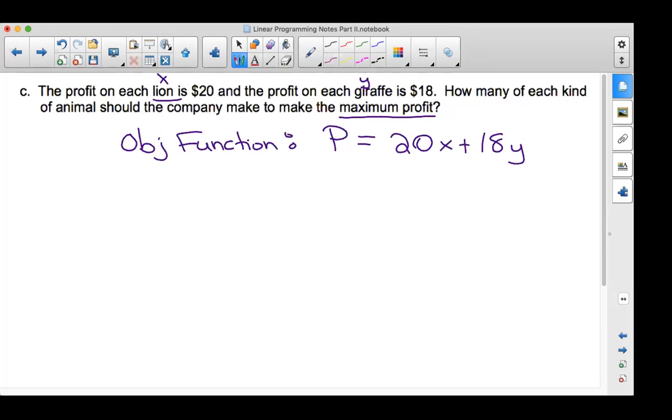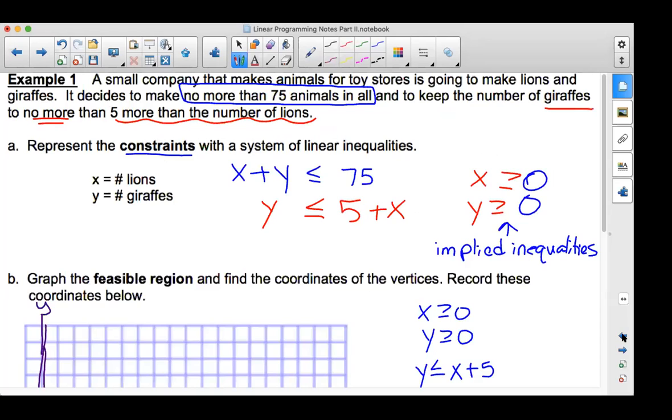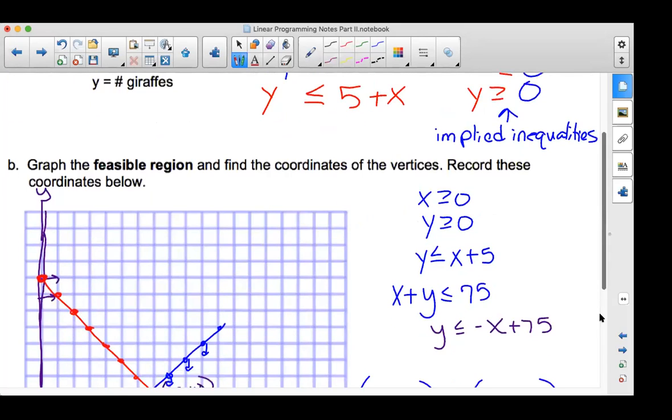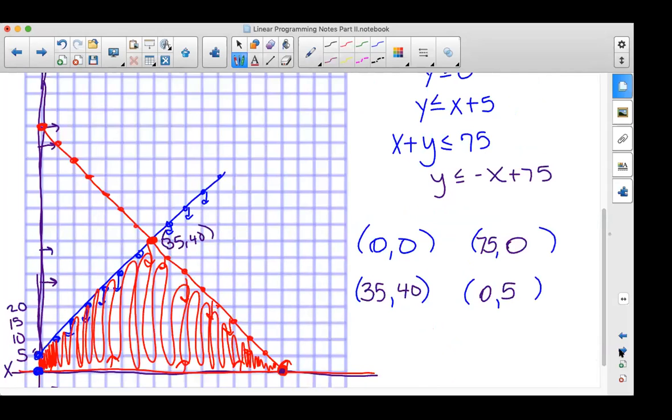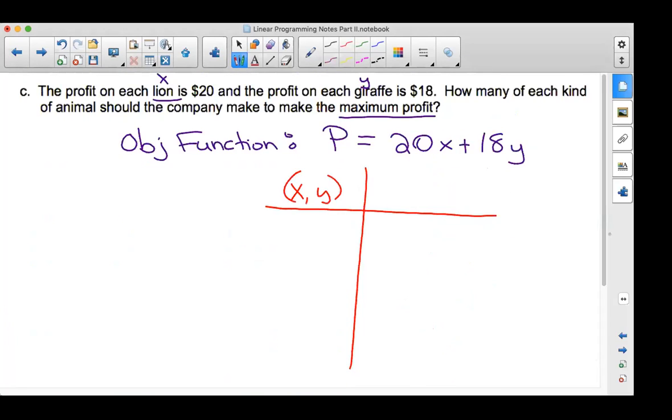So the last thing that we have to do is to figure out which one of these points, it's the corner point principle, which one of these points gives us a maximum profit. And if I take those ordered pairs and plug them into my objective function, one of them should give me the most amount of money.